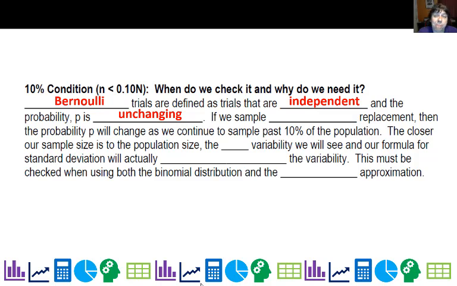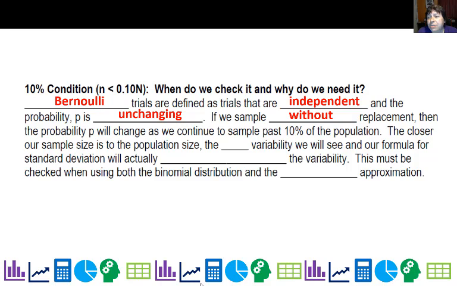I mean, they might not, but they could very easily change. And if we sample without replacement, which is basically how we do it. Now, if we were replacing, it wouldn't matter. But we're not replacing normally in samples. So that means the probability will change as we get past 10%.